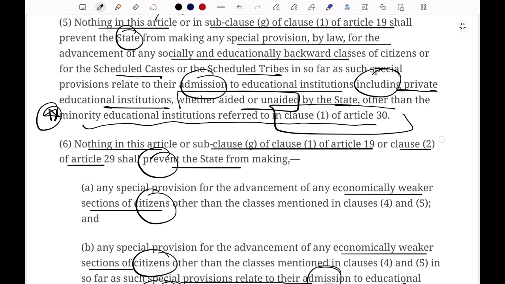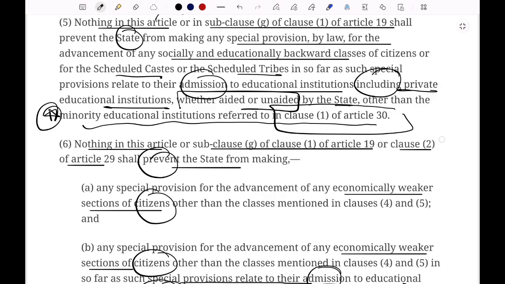So the beneficiaries are economically weaker sections, and the article 15 clause 6 subclause A, it provides for special provision for the advancement of EWS citizens, and the article 15 clause 6 subclause B seeks about the reservation in education institutions, government institutions, private institution, aided, unaided institution, and the reservation limit, like the reservation limit is also given there, that is maximum 10%, additional to the existing reservation which was already present there. And there was also an exception is minority education institution under article 30 clause 1.